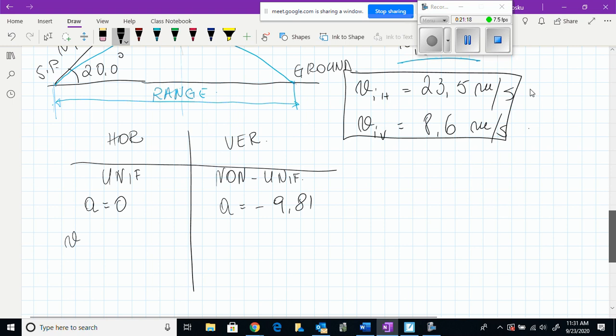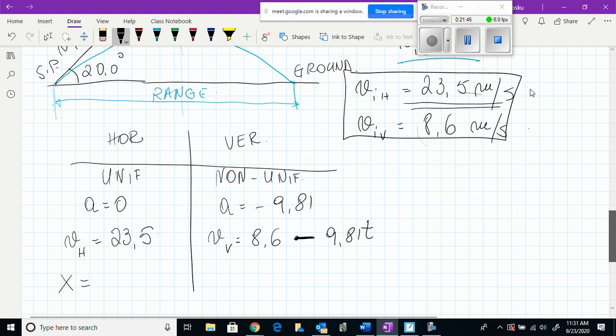And then the horizontal component of velocity will be whatever is the horizontal component of the initial velocity, that is, in our case, 23.5. And the vertical component will be whatever is initial, 8.6 minus 9.81 t.